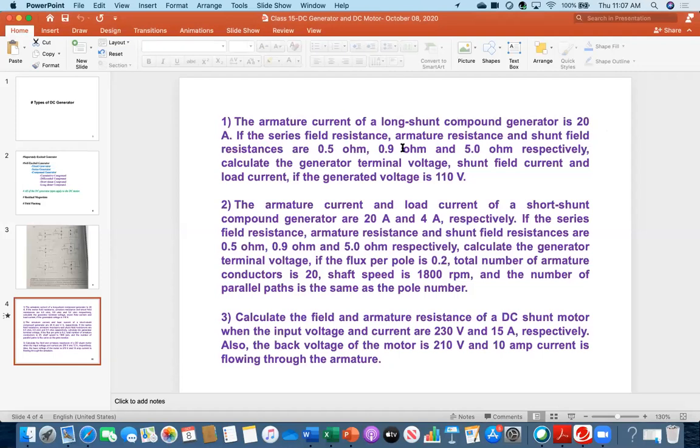And you see all those resistances are given: series field resistance, armature resistance, shunt field resistance. And it says generated voltage. This means the EA value is given. 110 volt is the EA. Then calculate the generator terminal voltage. This means find VT, find the shunt field current IF, and find the load current IL.